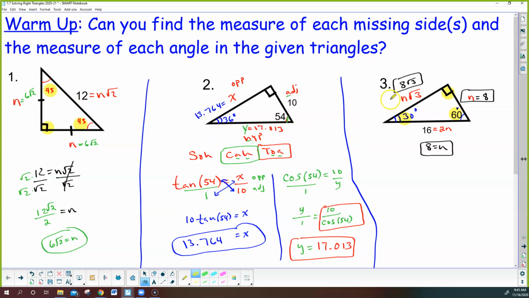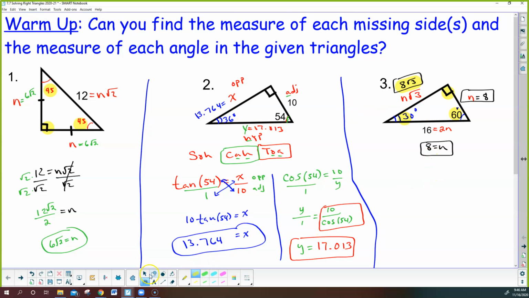However, you could also use SOHCAHTOA for these problems as well. The only difference is your answers are not going to be nice, friendly, radical answers. So look at the difference between the answers in number 3 and number 1 versus the answers in number 2.